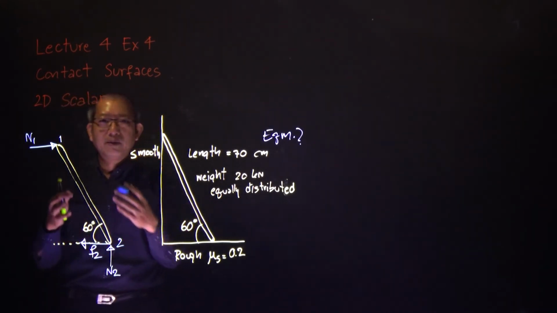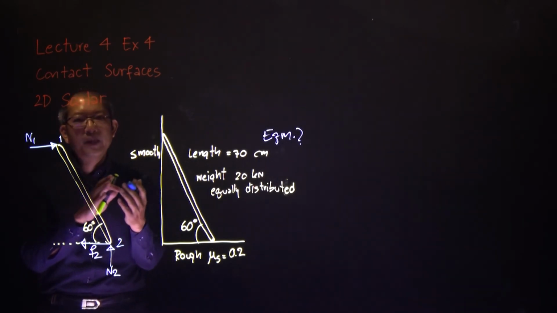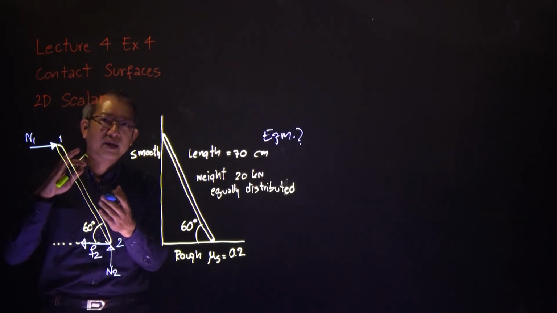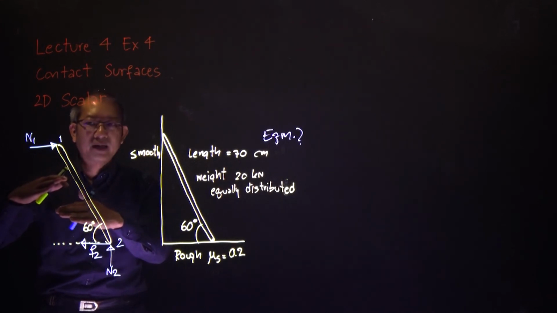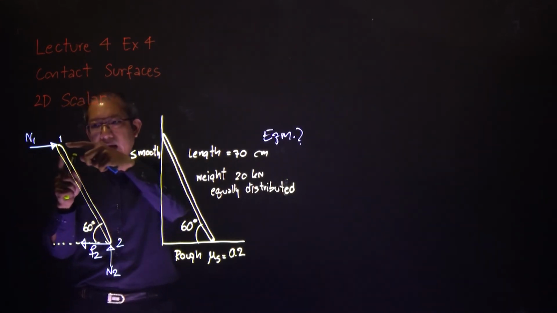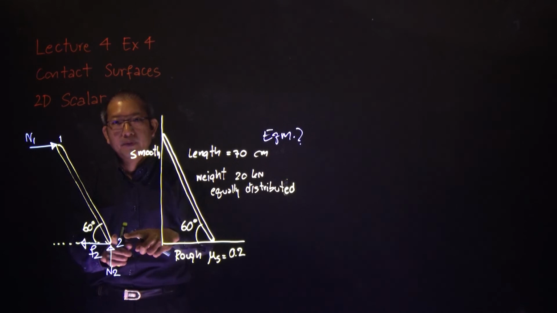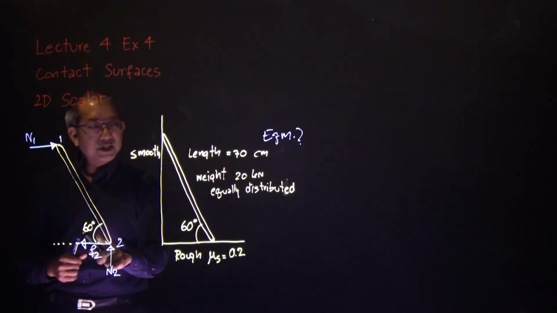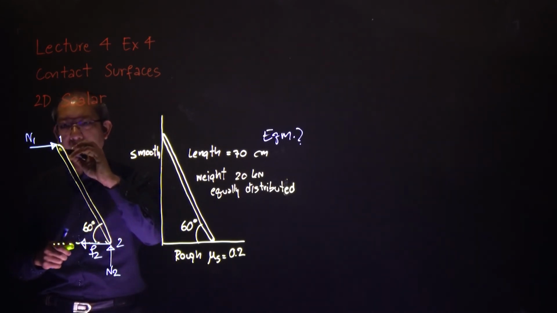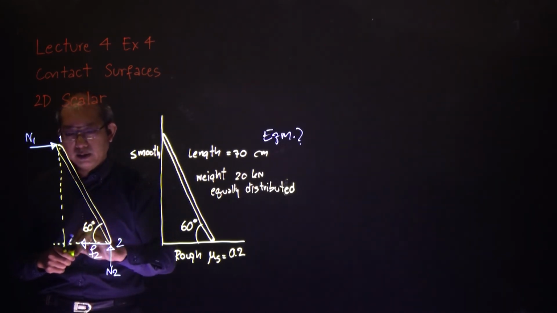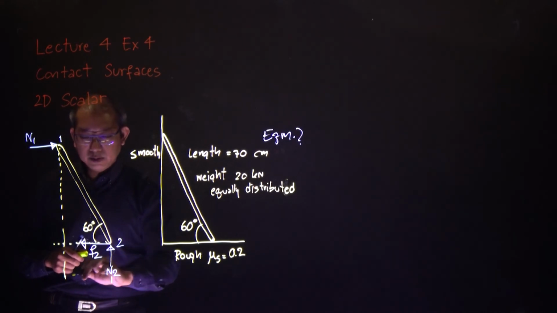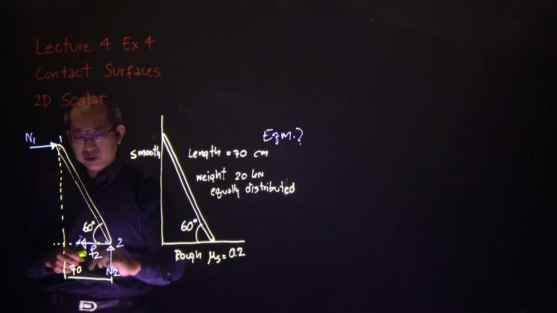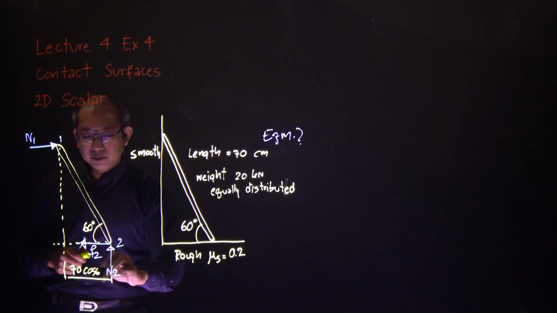Since we know that we're going to take the moment, I will spend some time talking about the distance before we start calculating, to complete the whole free body diagram in one go. If that is 70 centimeters, then that angle is 60 degrees, which means that distance there must be 70 cosine 60 degrees, the unit of course centimeter.